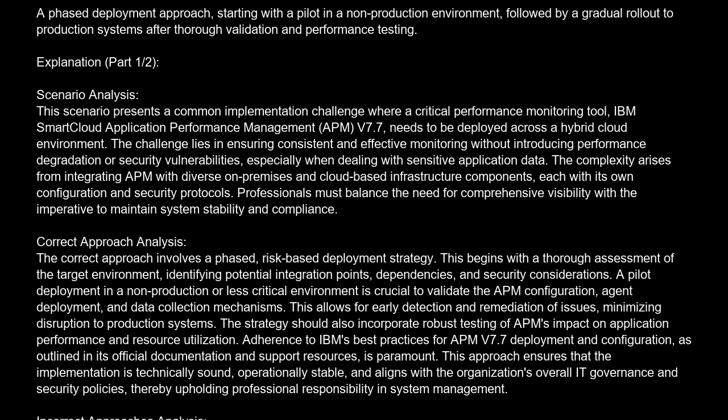Explanation. Scenario analysis. This scenario presents a common implementation challenge where a critical performance monitoring tool, IBM SmartCloud Application Performance Management, APM v7, needs to be deployed across a hybrid cloud environment. The challenge lies in ensuring consistent and effective monitoring without introducing performance degradation or security vulnerabilities, especially when dealing with sensitive application data.